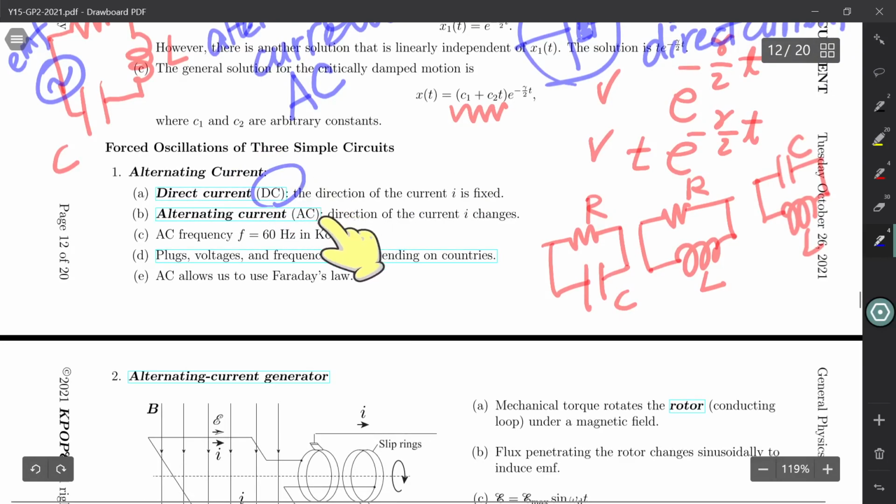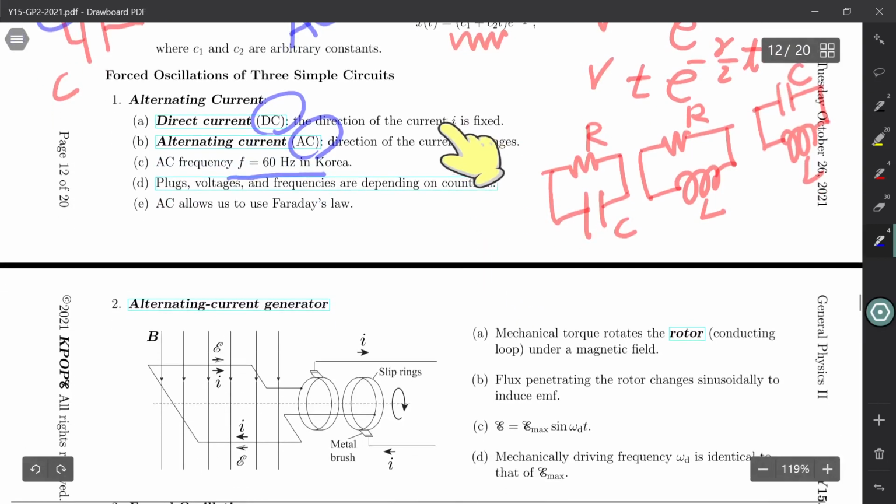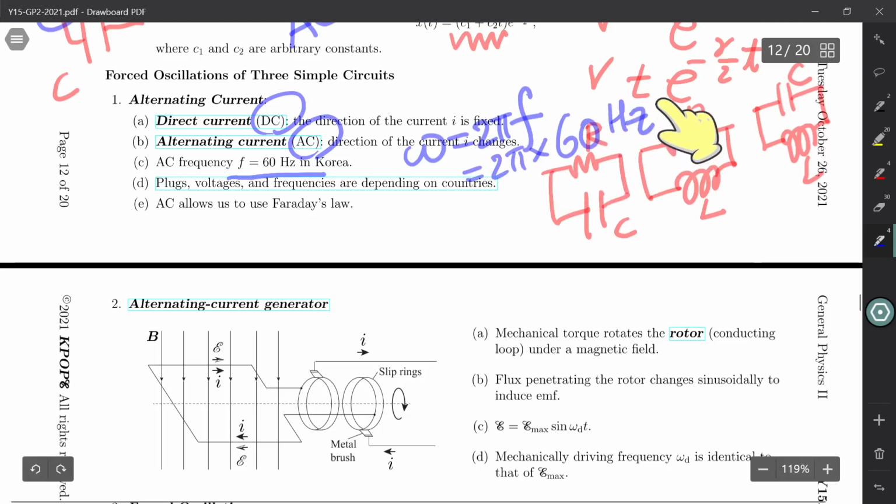So DC and AC. In Korea, frequency is 60 Hertz. So omega equals 2 pi f. So 2 pi times 60 Hertz.